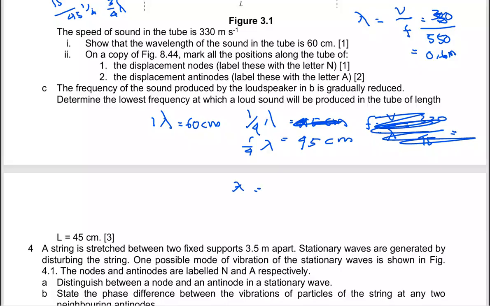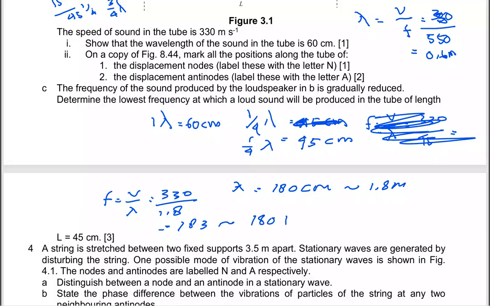So the wavelength is equal to 180 centimeters, or 1.8 meters. And then the lowest frequency is v per lambda, and the result is 183, or we can round down to 180 hertz.